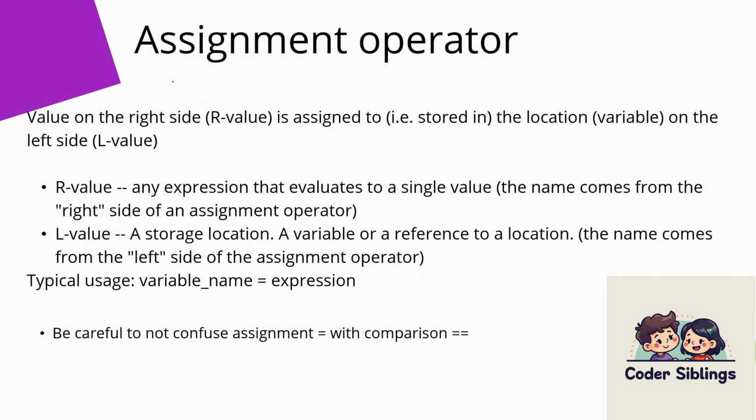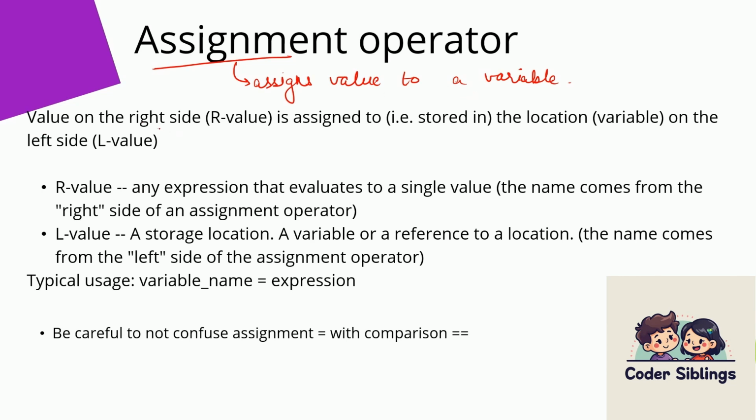So moving on to the assignment operator, right? What an assignment operator is? As the name suggests, it assigns value to a variable. Where will it assign value? It will assign value to the variable. Now, how does it do that?